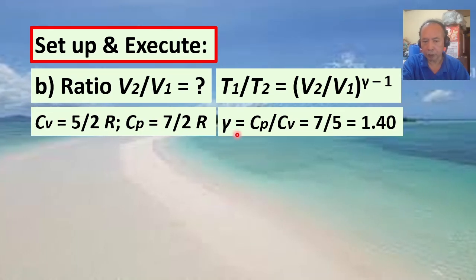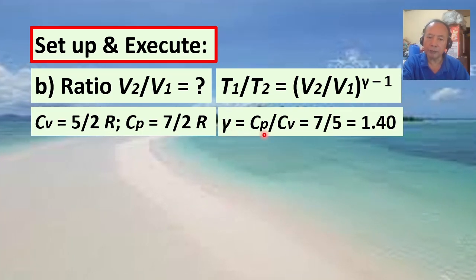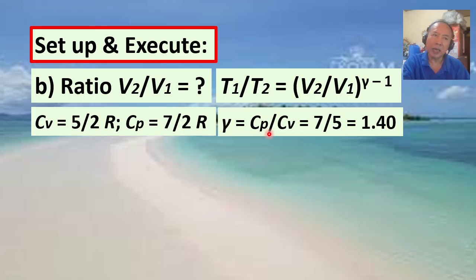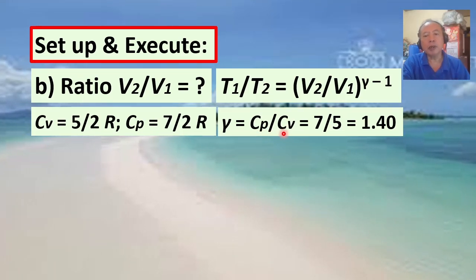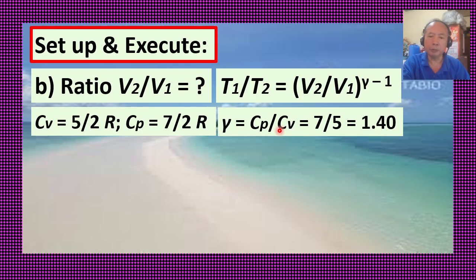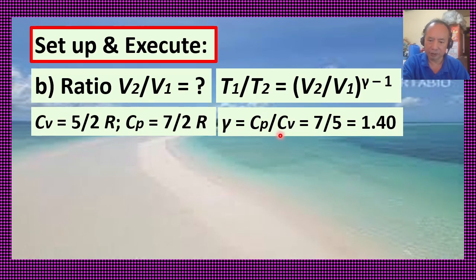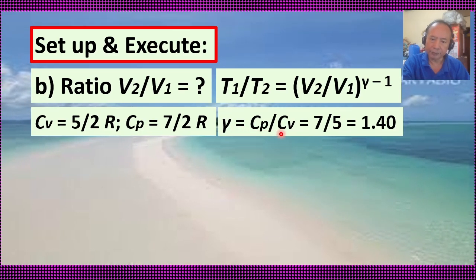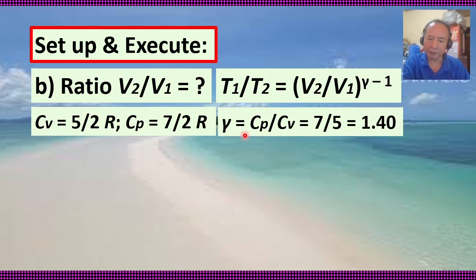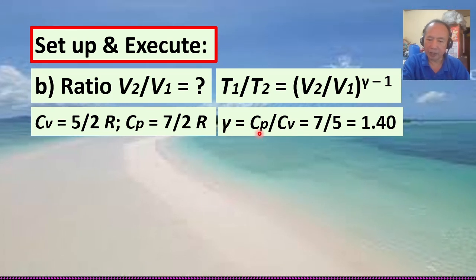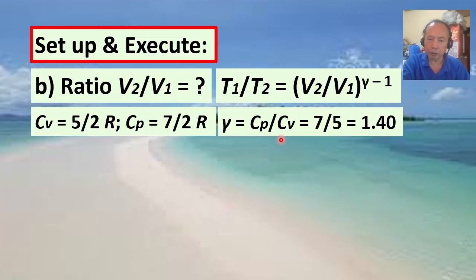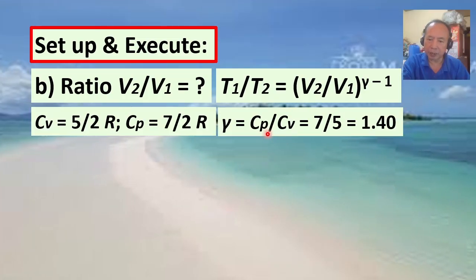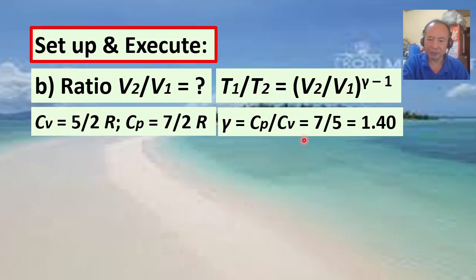So gamma is the ratio of the molar heat capacity at constant pressure to the molar heat capacity at constant volume of a particular gas. Gamma, therefore, has no unit because the units for both Cp and Cv cancel.